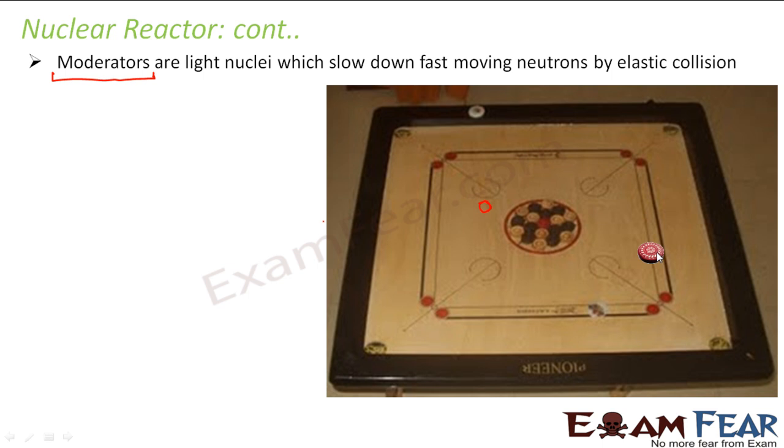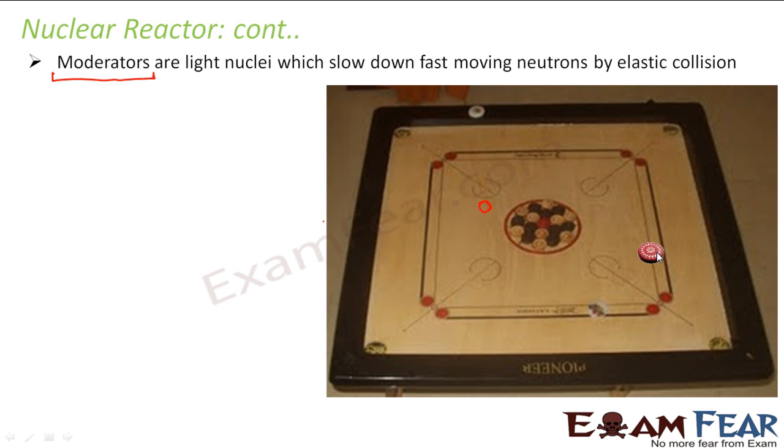We do a similar thing here. The neutrons which are extremely fast moving, we make them collide with some lighter nuclei. By elastic collision with lighter nuclei, we gradually slow down the fast moving neutrons. These light nuclei are known as moderators.